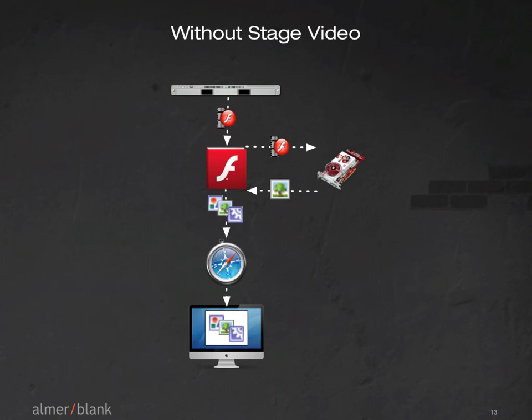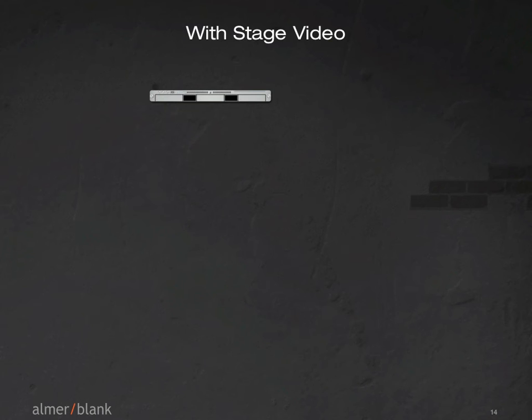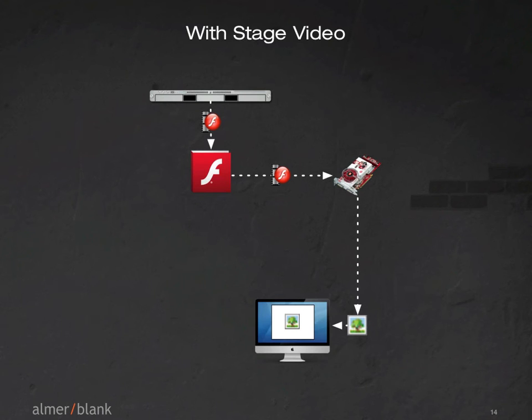So now with stage video, we have the same process. We have a server. We deliver the video from the server to the Flash player. Flash sends the video data over to the graphics card, but now the graphics card just draws that directly to the screen. Okay? That's the key difference. So now the graphics card isn't just decoding the video, it is also rendering the video to the monitor, to the user.